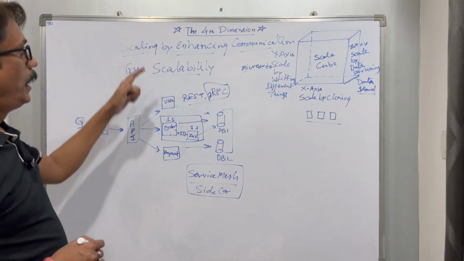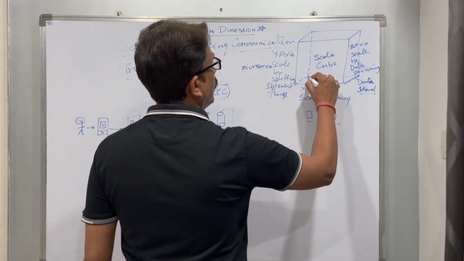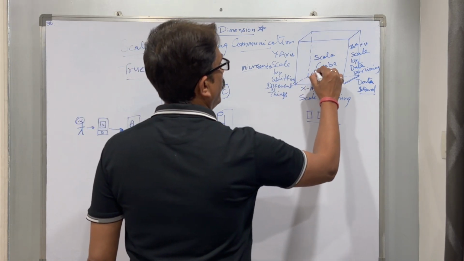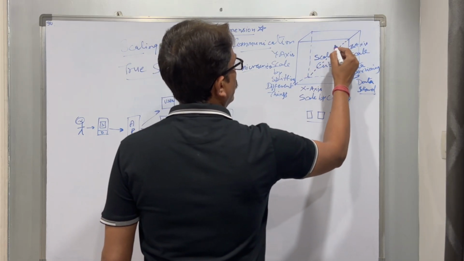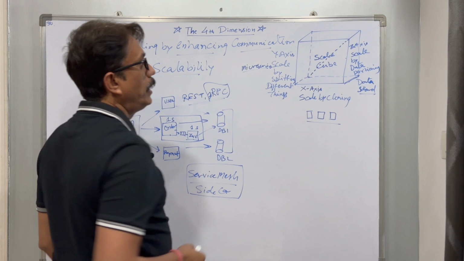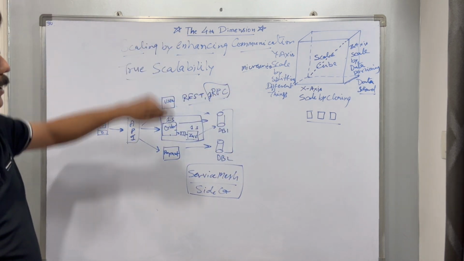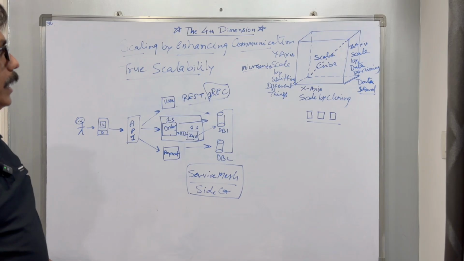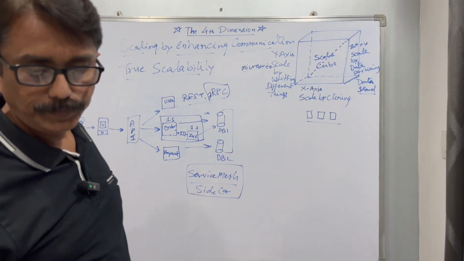And this way, you can imagine another dimension in this queue for this fourth dimension, and that way we will be able to scale.